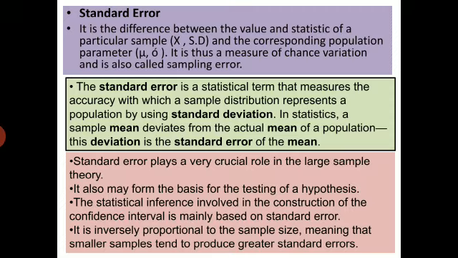Standard error is the difference between the value and statistic of the particular sample, x bar or SD, standard deviation, and the corresponding population parameters, that is mu, the mean, and sigma, the standard deviation. It is thus a measure of chance variation and is also called sampling error.